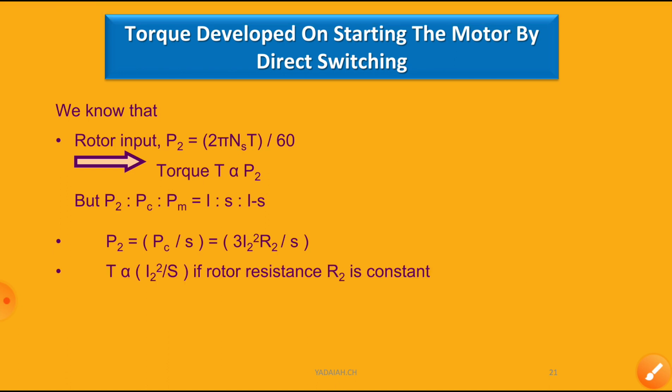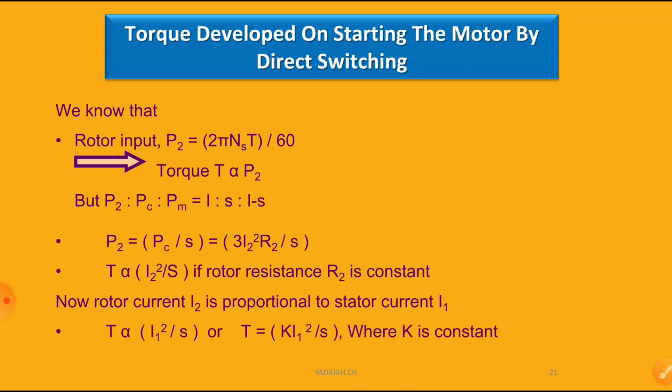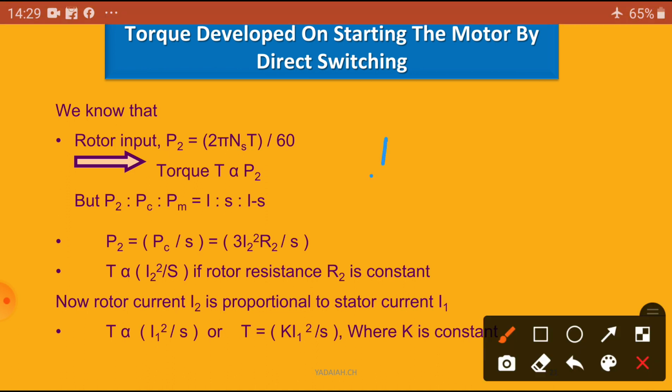So simply, T is directly proportional to I² by S if the rotor resistance R2 is constant. Now the rotor current I2 is proportional to the stator current. How? Here I1 is equal to the vector sum of I0 plus I2 dash, the rotor current referred to the primary side.